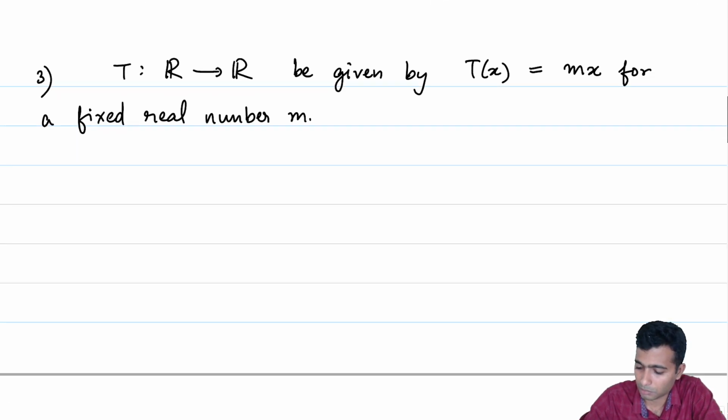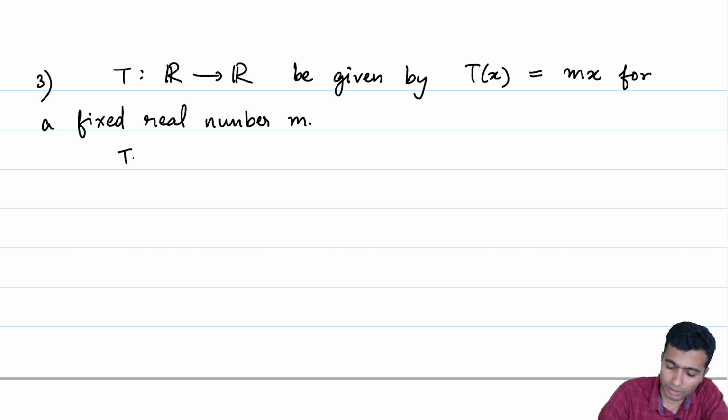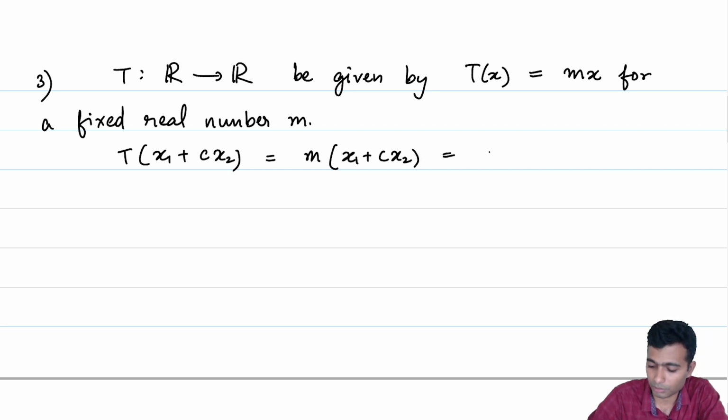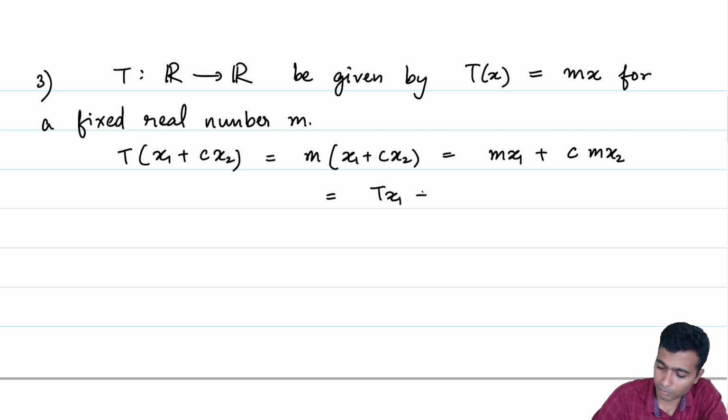So just to quickly check that, T of x1 plus c x2 will just be equal to m times x1 plus c x2, which is equal to m x1 plus m c x2, which I will write as c m x2, which in particular is T of x1 plus c times T of x2.